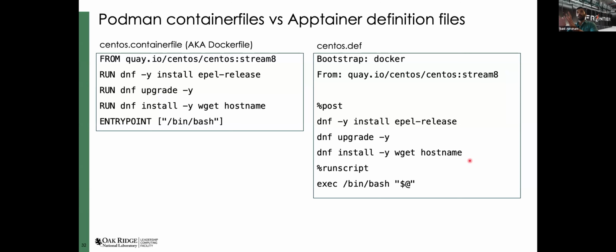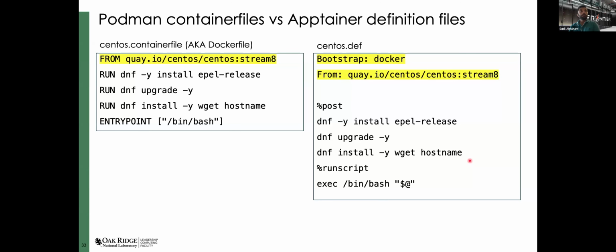And on the right is a CentOS.def file, which is Apptainer's format, called definition files, whereas Podman's is called container files. Both of these are ultimately building the same container image, and they'll both do the same thing. They just have different languages to express that.